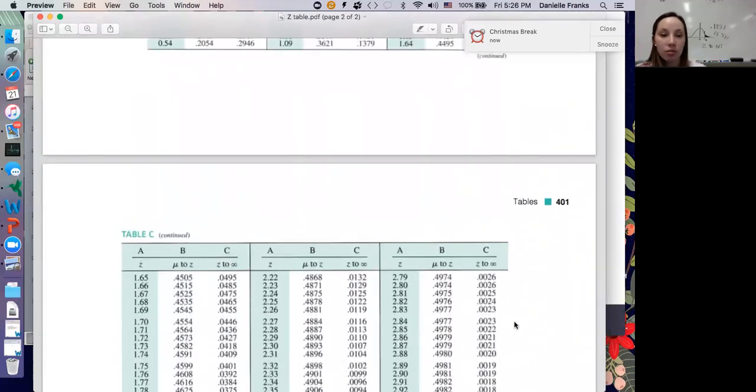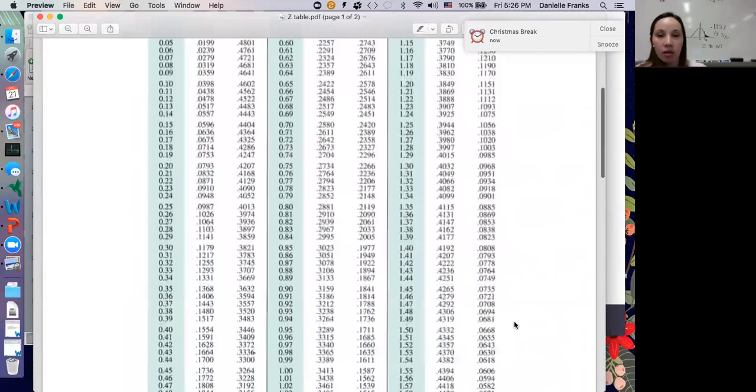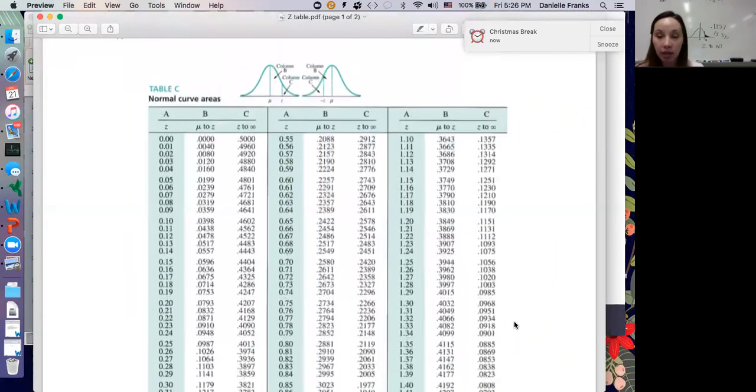So here is how you read the z-table. Say that we are interested in what proportion of the distribution is associated with 1 or higher.